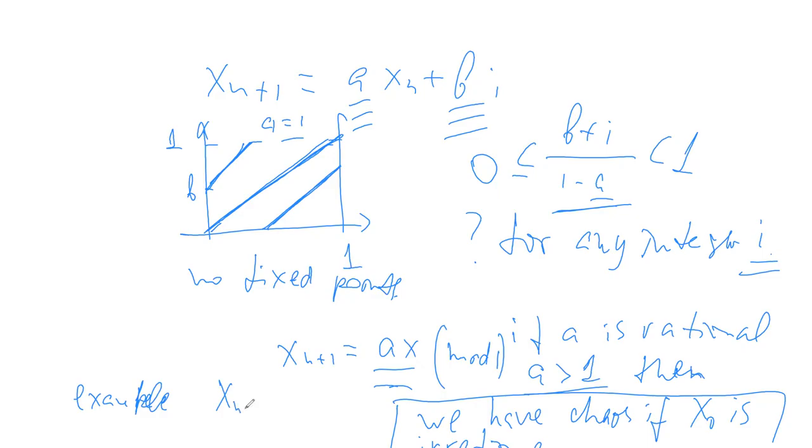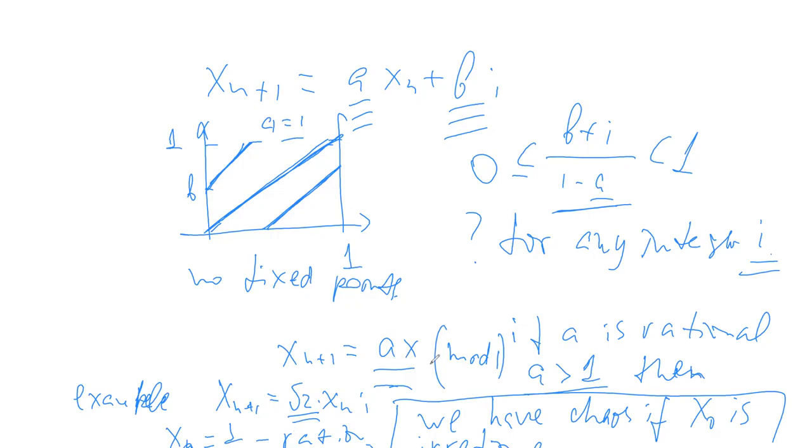Xn plus 1 equals, let's say, square root of 2 times xn, with X naught equal to, say, half, which is rational, but your solution will be chaotic anyway, because this is irrational.